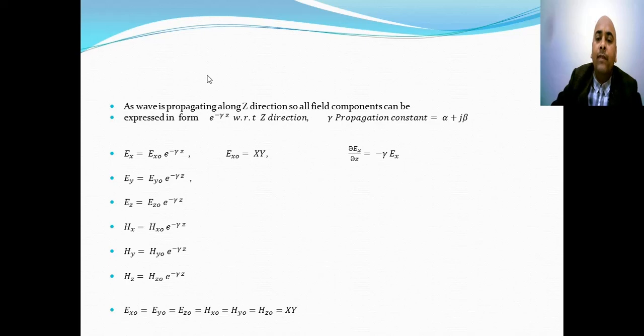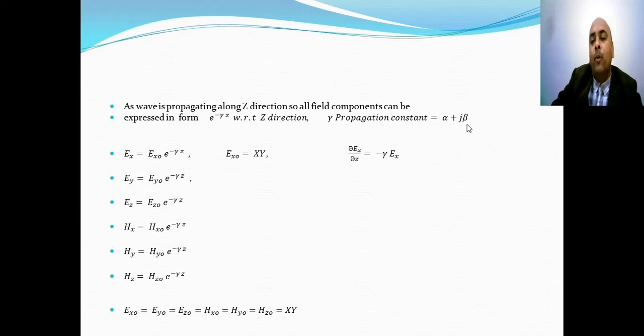So as the wave is propagating along the z direction, all field components can be expressed in the form e raised to the power minus gamma z, where gamma is the propagation constant and z is the distance along the z direction.